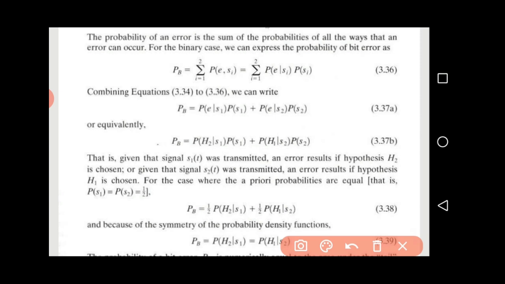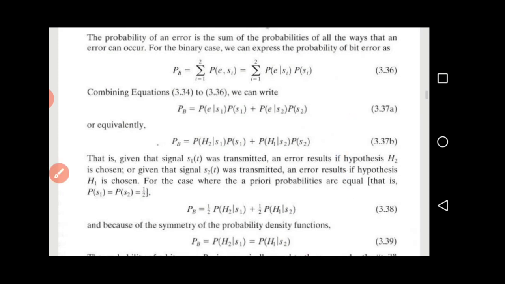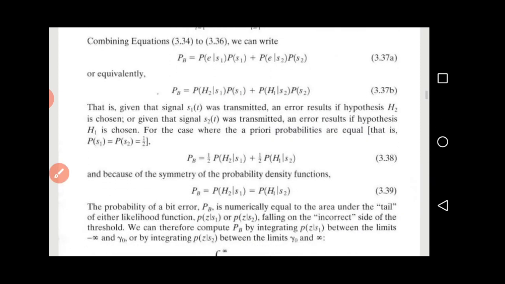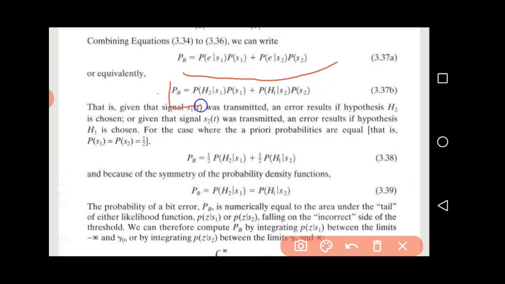For the binary case, we can express the probability of bit error as PB equal to the sum over i equals 1 to 2 of P(E|Si) P(Si). Combining equations 3.4 and 3.6, we can write PB equal to P(E|S1) P(S1) plus P(E|S2) P(S2), or equivalently PB equal to P(H2|S1) P(S1) plus P(H1|S2) P(S2).